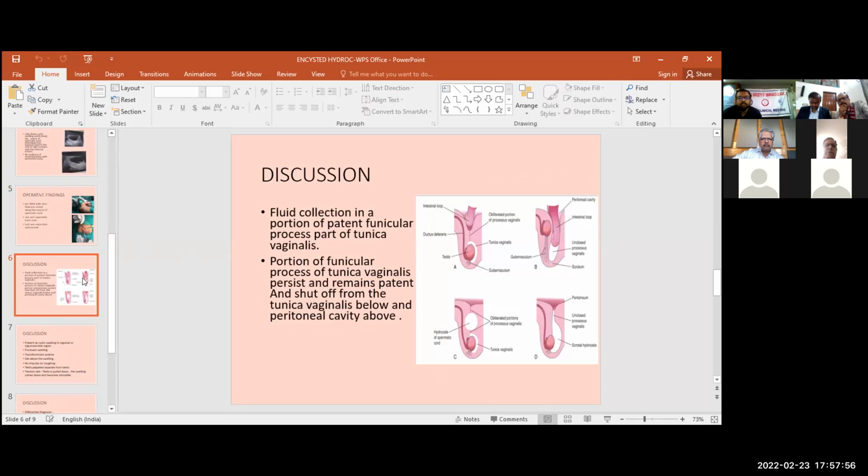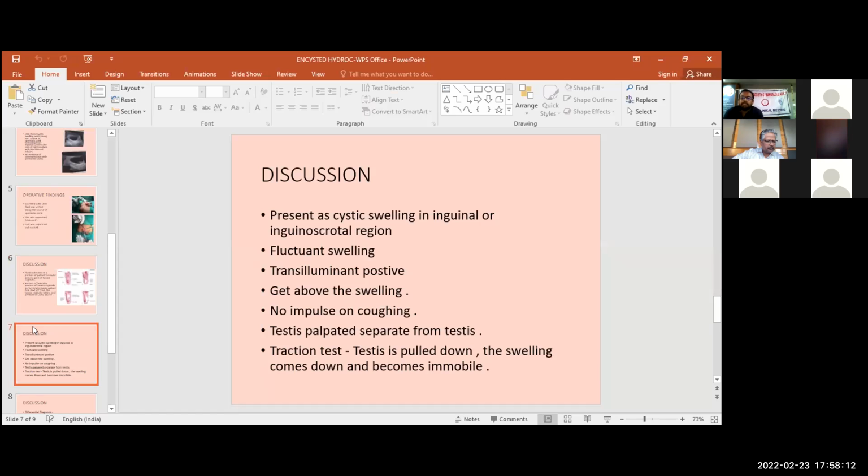Discussion. Fluid collection in a portion of patent funicular process of tunica vaginalis. A portion of the funicular process of tunica vaginalis persists and remains patent and shut off from the tunica vaginalis below and peritoneal cavity above. Swelling in the inguinal or inguinoscrotal region, fluctuant swelling, transillumination positive, get above the swelling positive, no impulse on coughing, testis palpated separately from the swelling.